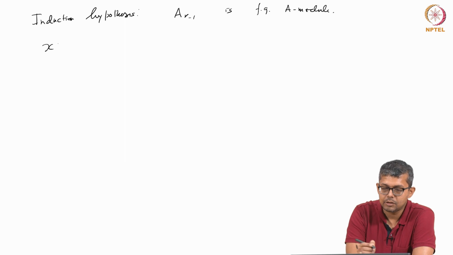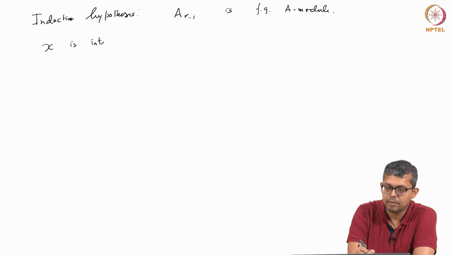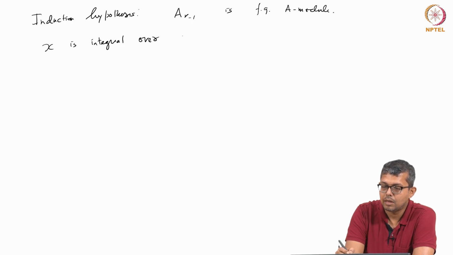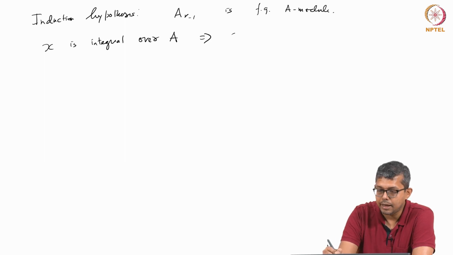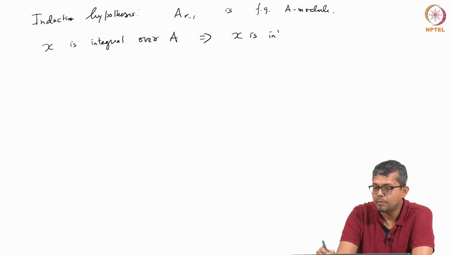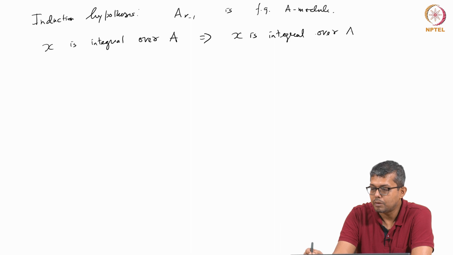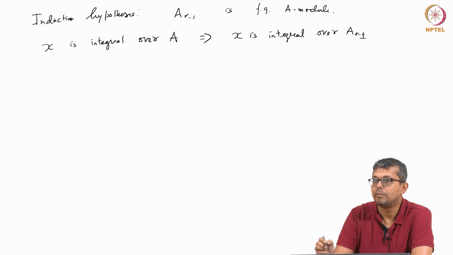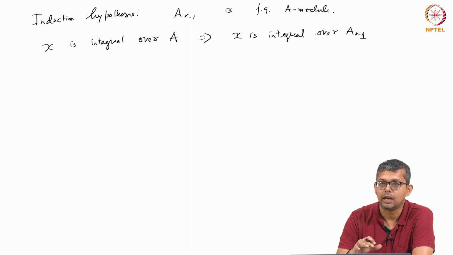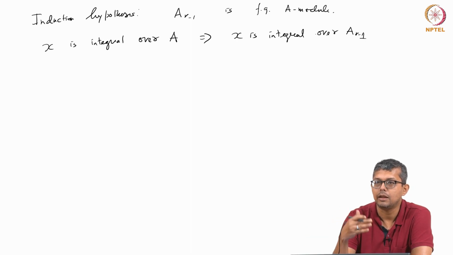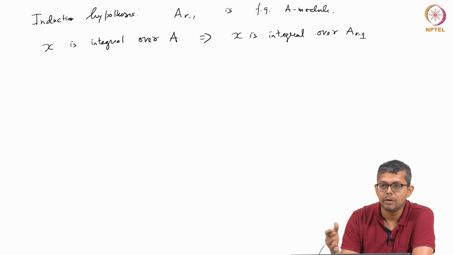Now x_r, which is an element of B, is integral over A. So this will imply that x_r is integral over A_{r-1}, because A_{r-1} is a ring containing A. If something is integral over A, then it is integral over the bigger ring.